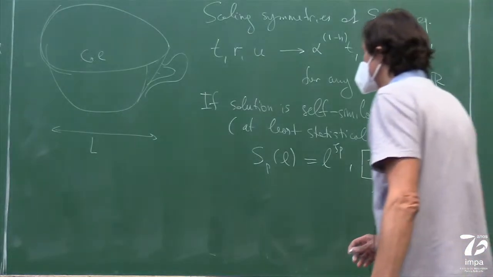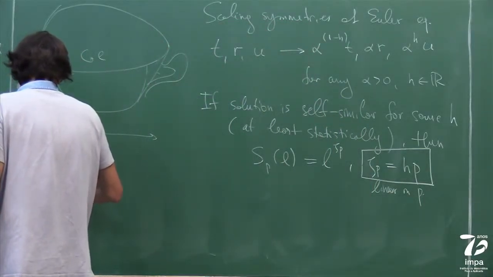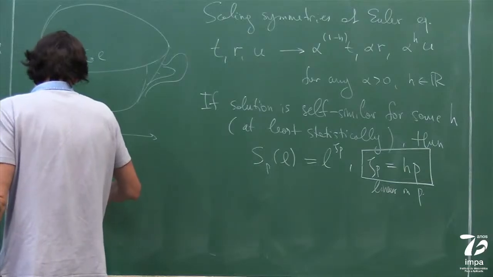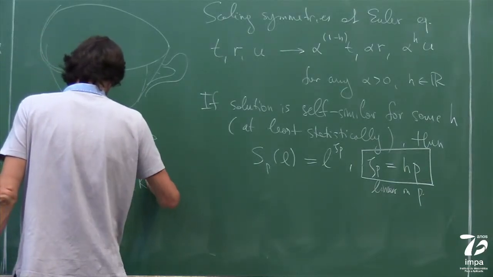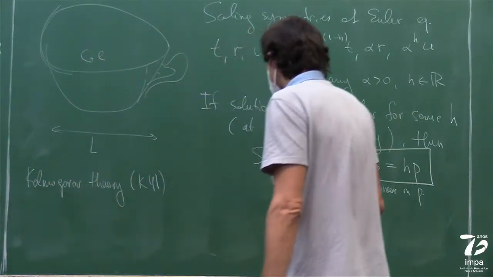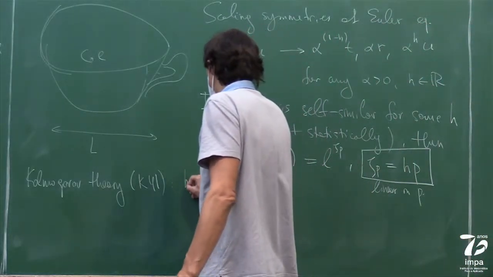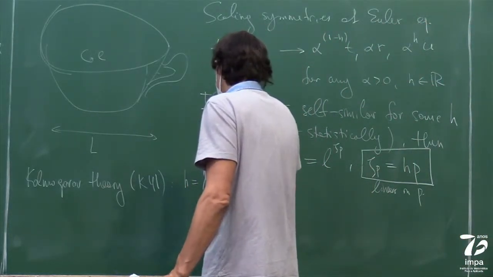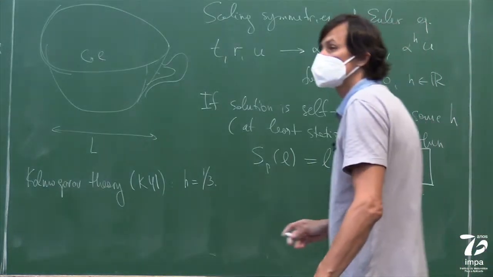In particular, this was exactly the Kolmogorov theory of turbulence from the year 1941, where he argued that h should be 1/3. It comes from energy conservation. But apparently this is not true.